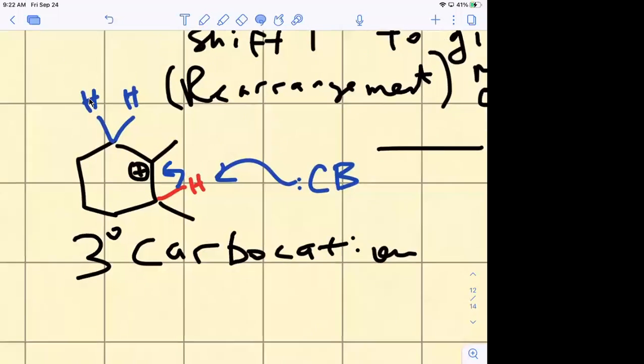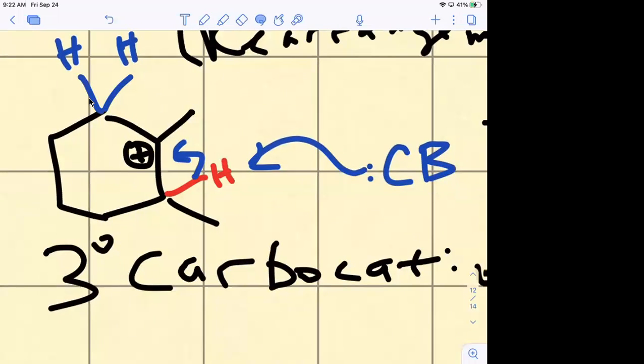So this part right here is the conjugate base of sulfuric acid coming in to do proton transfer at that alpha proton. So it's pulling off the proton, and the electrons in the CH bond are going between these two carbons right here to give you your alkene. Okay. Thank you.